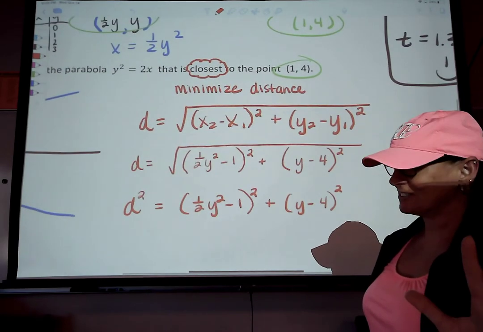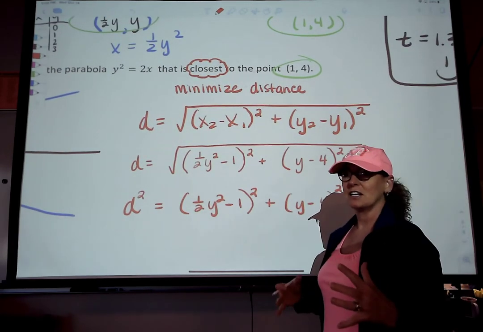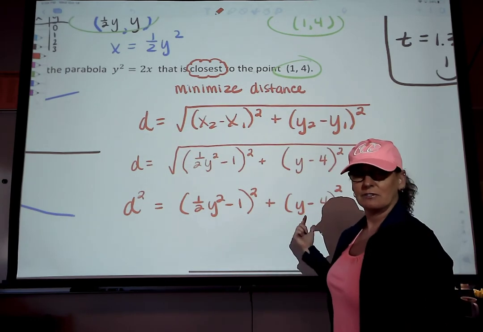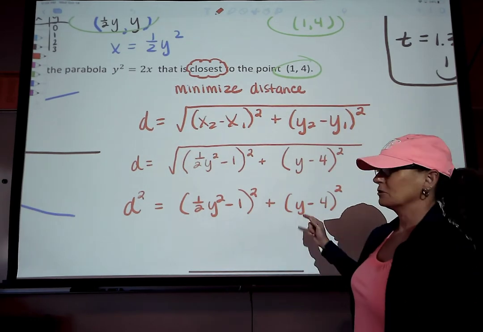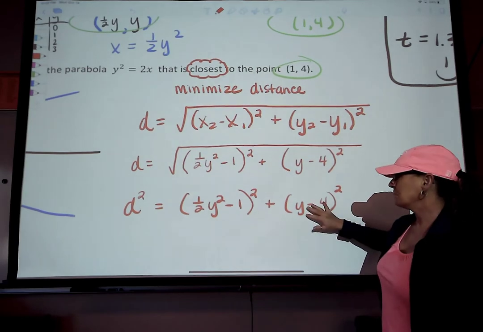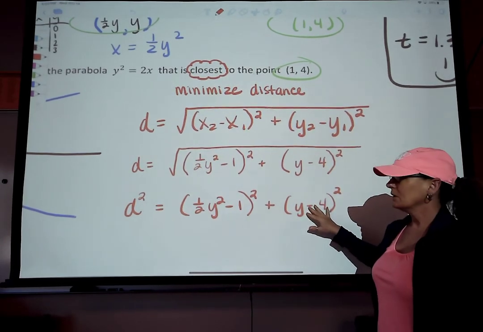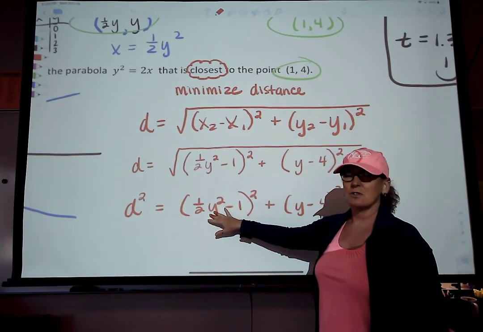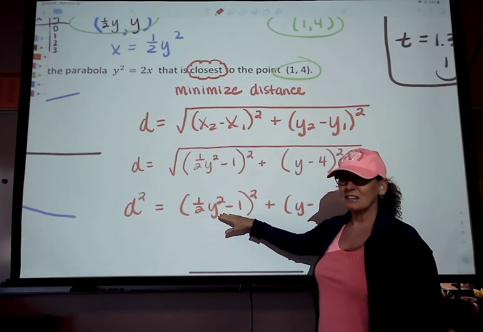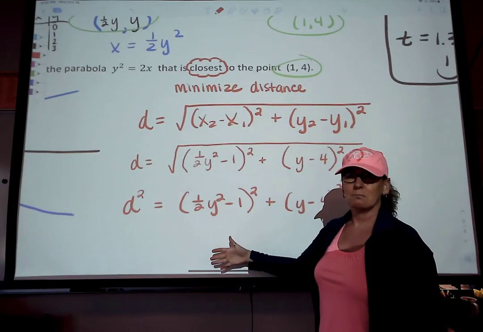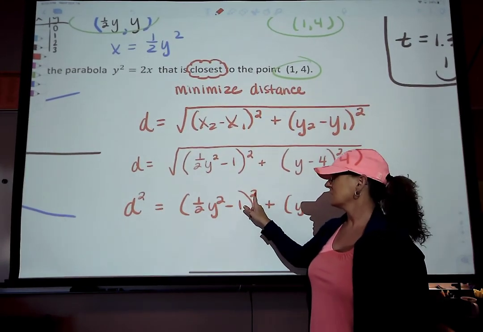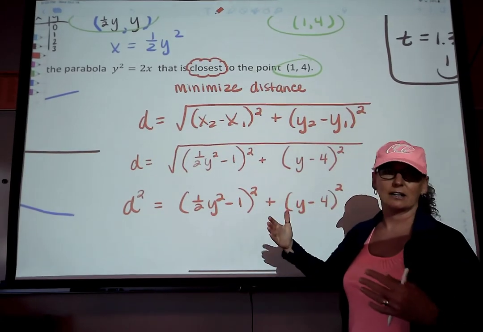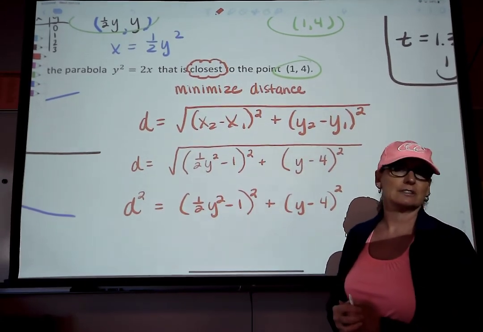Just think ahead and see what you would like to do. We can go ahead and do a derivative now, or you could multiply these out. This one would be totally easy to multiply out. This one would be kind of yucky. So think about foiling it and then doing a derivative on a polynomial versus chain ruling it, like power and chain. Either way, I don't know. I'm going to go ahead and start a derivative.